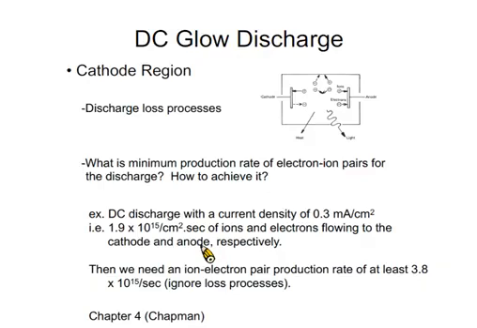So one needs to keep an ion and electron pair production rate of 1.9 times 10 to the 15 per cubic centimeter per second. So this is the condition that Chapman analyzed.